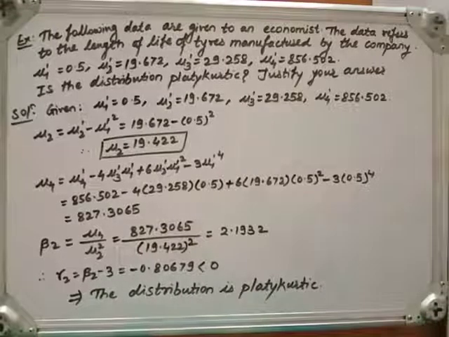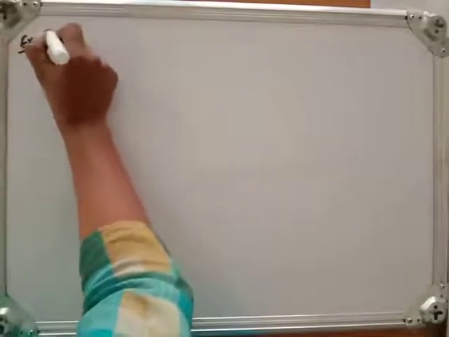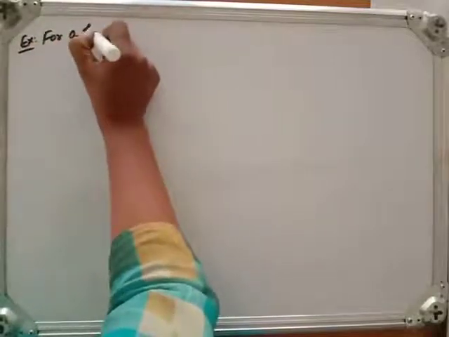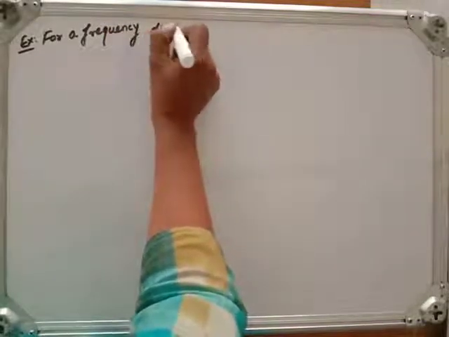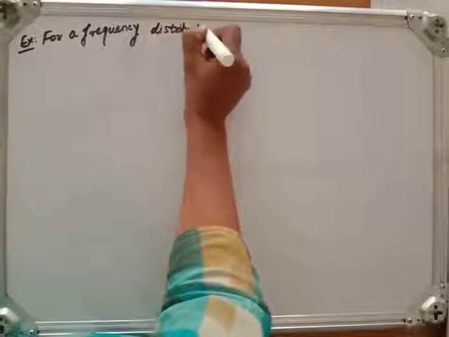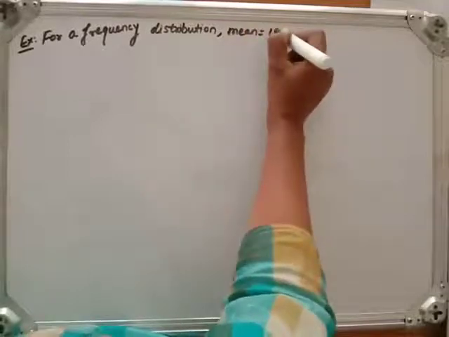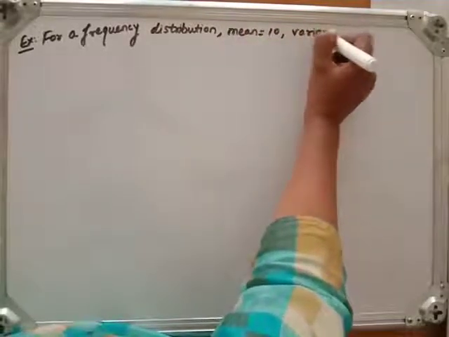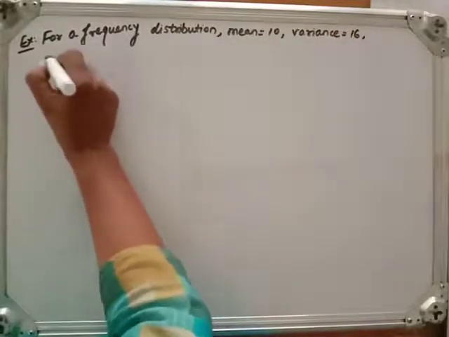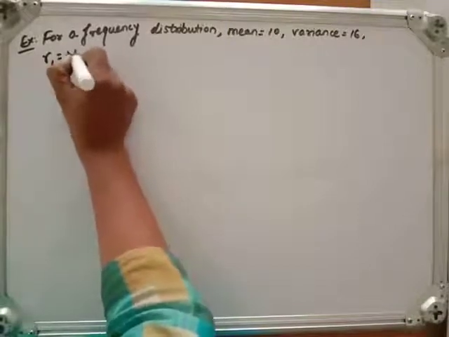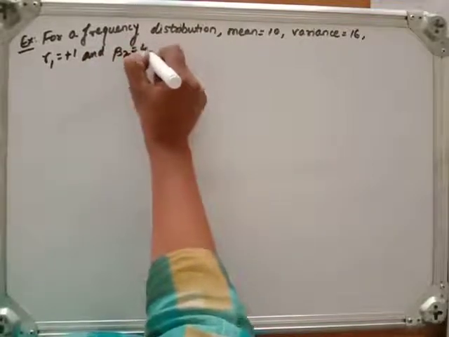Now the next one. For a frequency distribution, mean is 10, variance is 16, gamma 1 is plus 1 and beta 2 is 4.